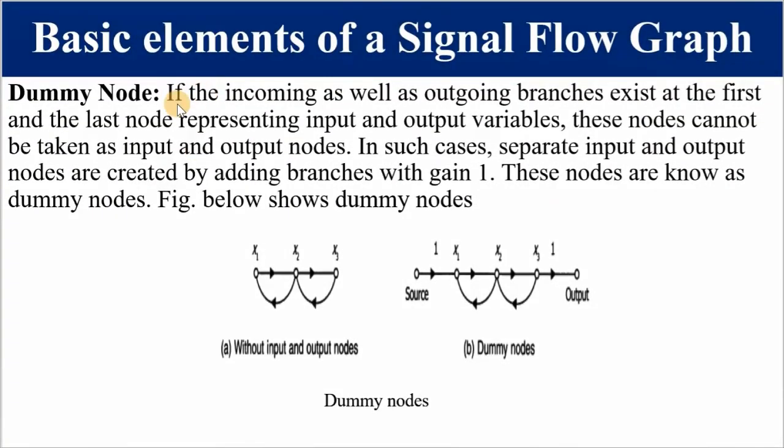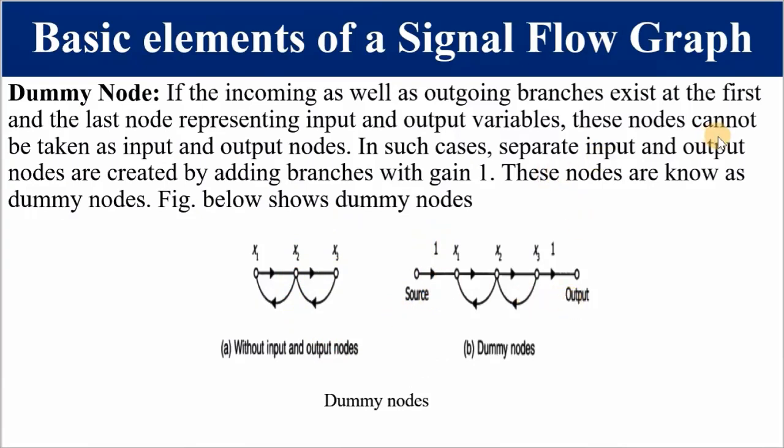What is a dummy node? If the incoming as well as the outgoing branches exist at the first and last node, representing input and output variables, these nodes cannot be taken as such. So x1 cannot be taken as the input node, and x3 cannot be taken as the output node. If we want to identify them as input and output nodes, what do we do?